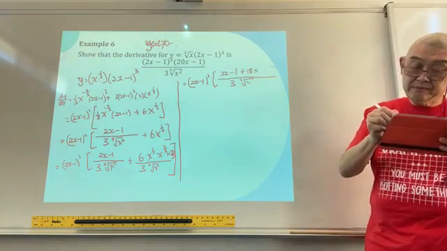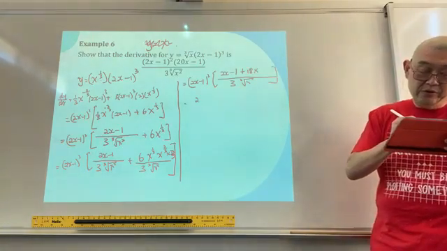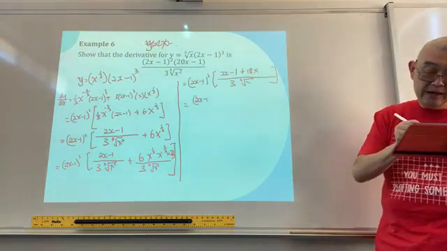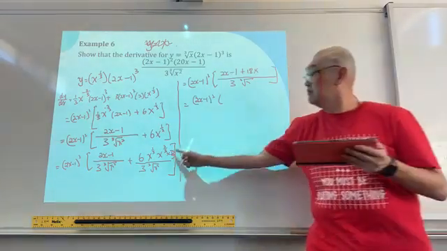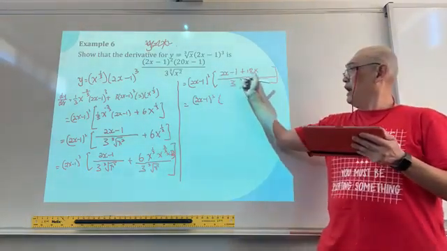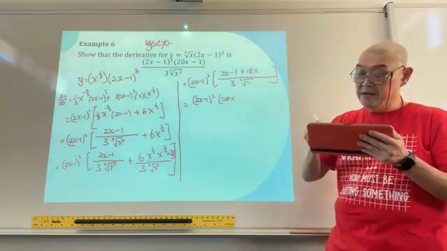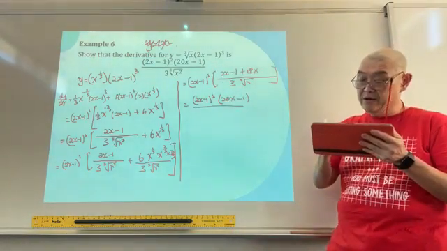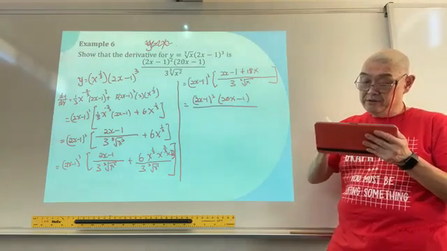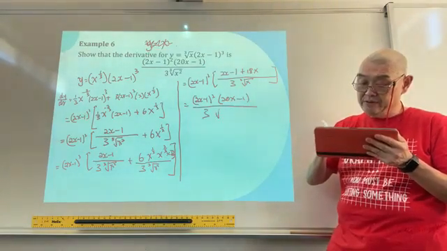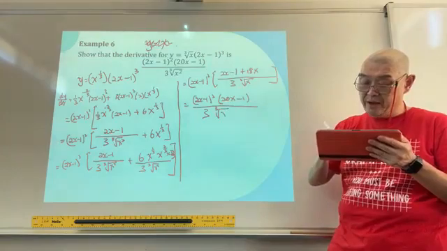Probably would not get that in the exam. So therefore, that is 2x minus 1 squared times 18x plus 2x is 20x minus 1, over 3 times cube root of x squared.